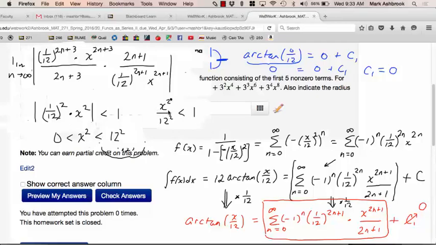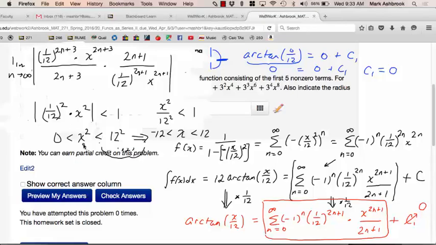Because if you're squaring it, it's automatically positive, right? So it's between 0 and 12 squared. So that means that x could be anything between 12 and negative 12.